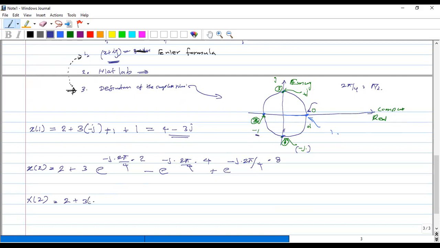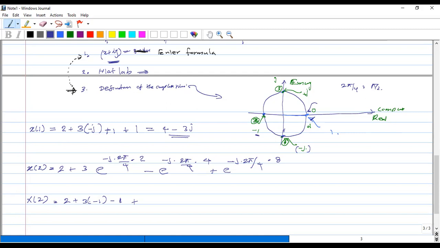So you have 3 minus 1 here, minus e to the power minus j2π/4. So that means 0 1 2 3 4, this part. So it will be plus 1. So here you have minus 1 also, because minus 1 plus 1, you will have again minus 1, plus e to the power minus j2π/4 times 8.